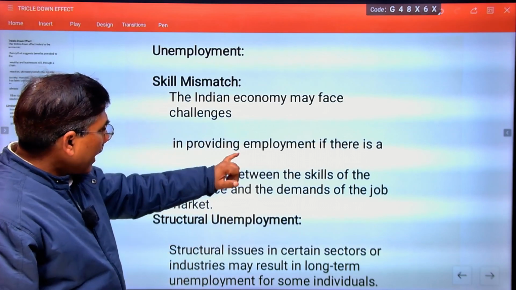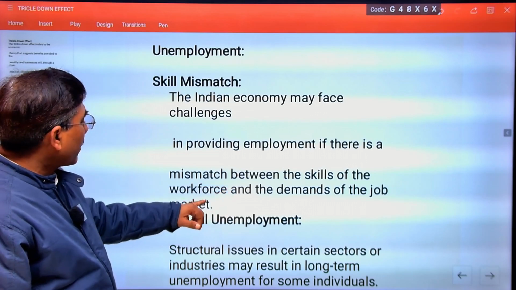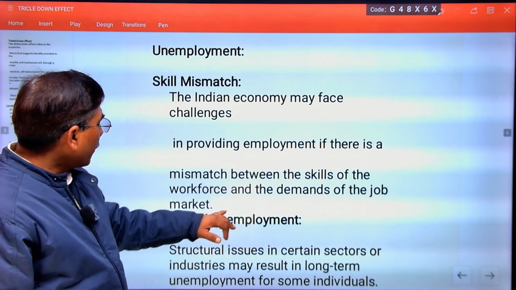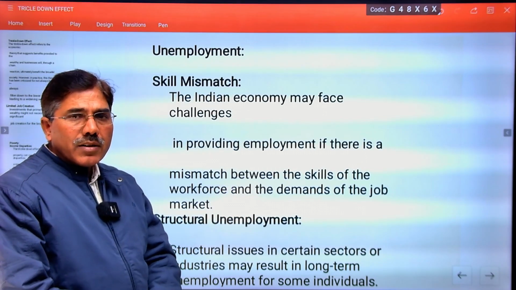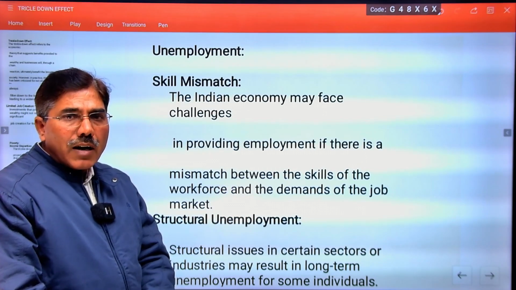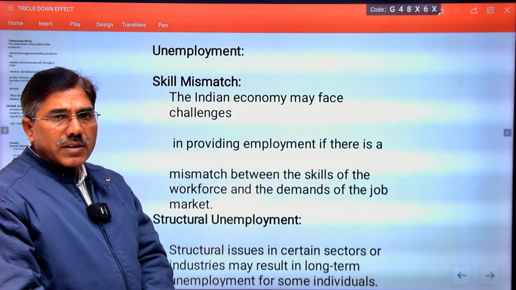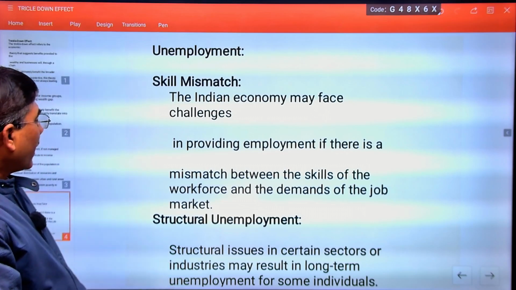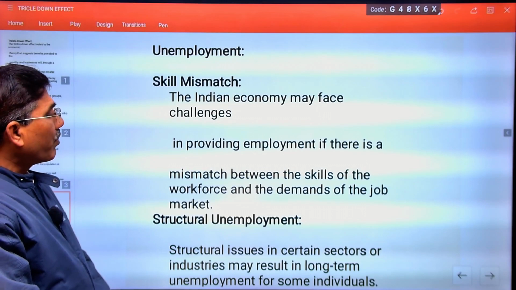In providing employment, there is a mismatch between the skills of the workforce and the demand of the job market. Why is that? Because of lack of proper human resource planning. Our government, since the beginning, completely focused only on a high growth rate development strategy for the economy, and neglected human resource policy. The ultimate result is what? Skill mismatch.